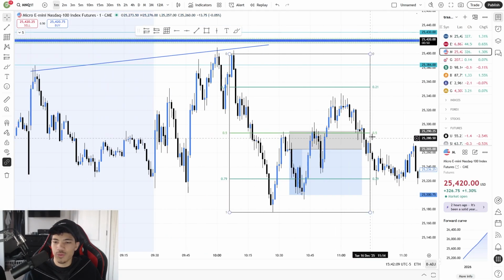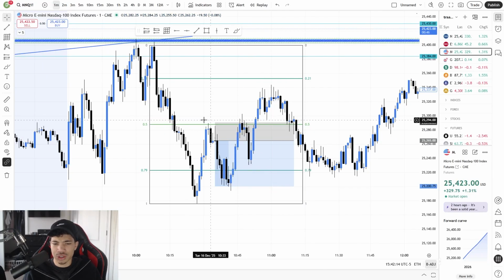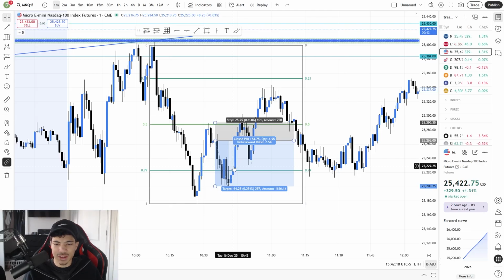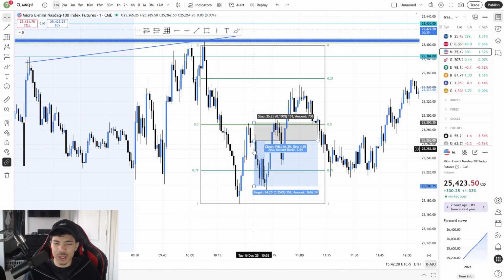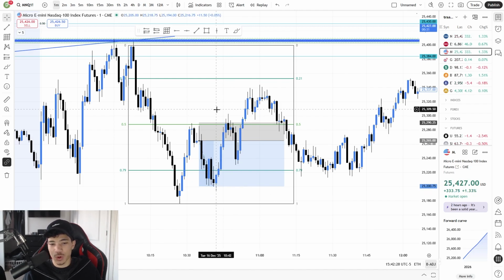So it's really good to think about your risk management in terms of where to put your stop and profit. And you can set multiple take profits and stuff like that. I usually don't, but I really should. Then you see we instantly reverse off of that 79%, and we go up and we just crash into our stop here.